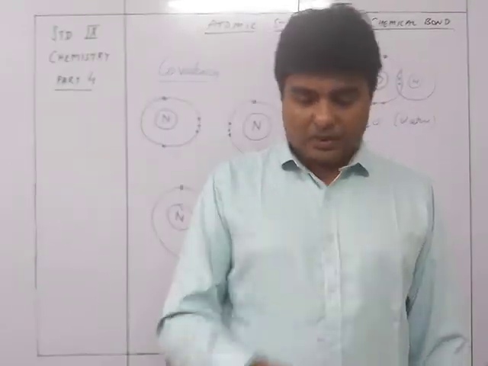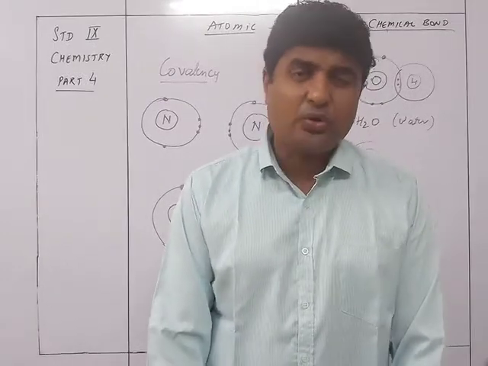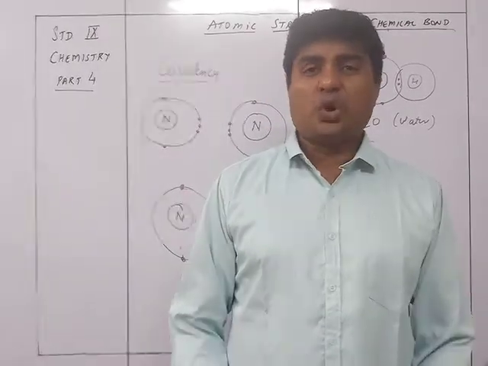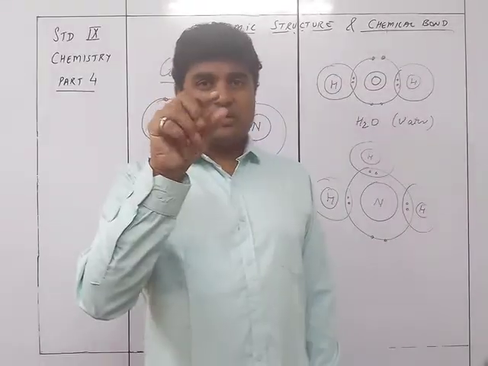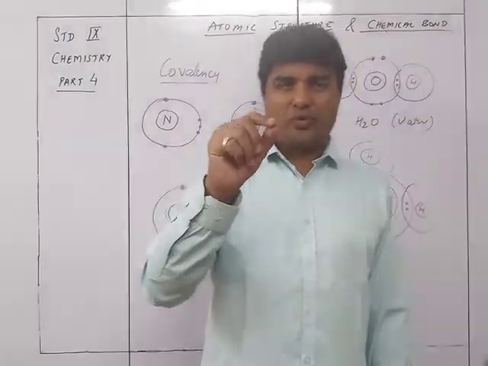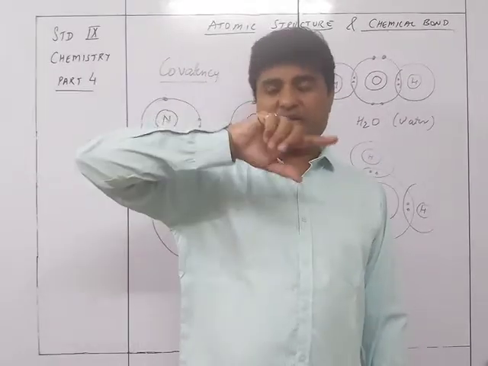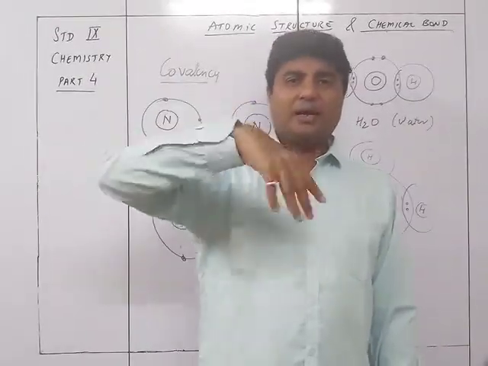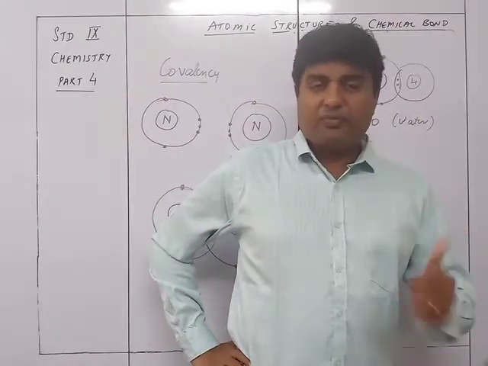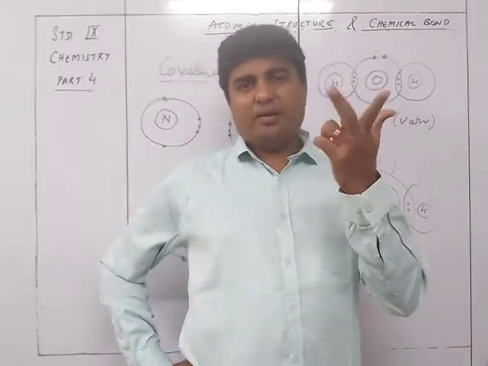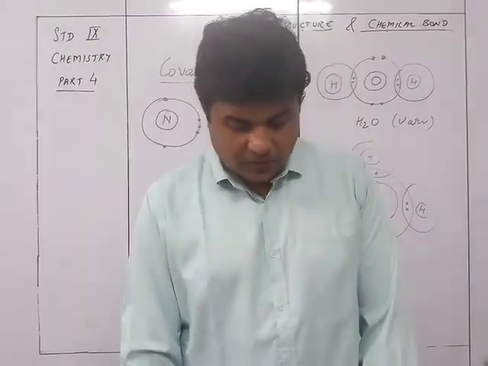This is the kind of diagram you are going to draw when you are asked to draw a particular atom. You draw the nucleus with the number of protons and neutrons, the shells with the electrons in them, and the electronic configuration at the bottom, along with the name of the atom, the atomic number and the atomic mass number.